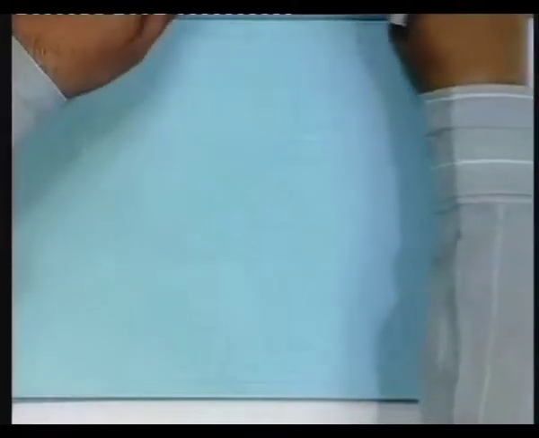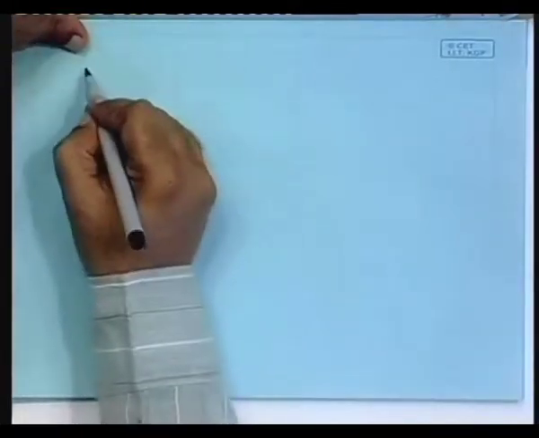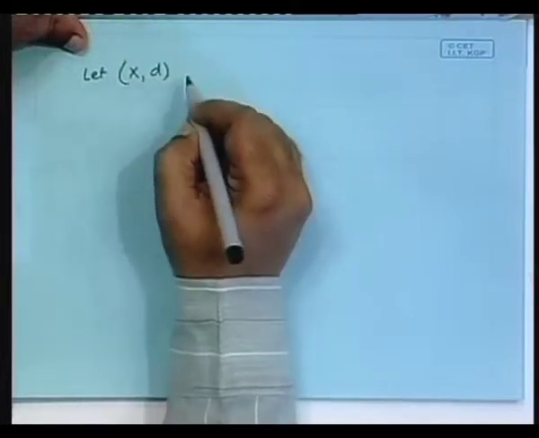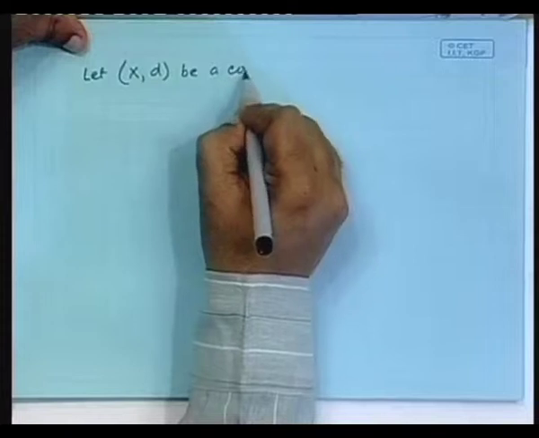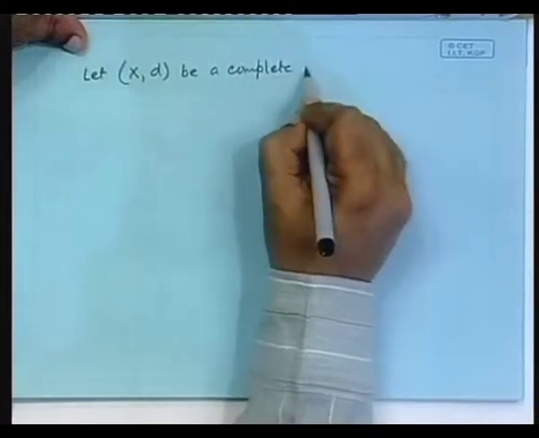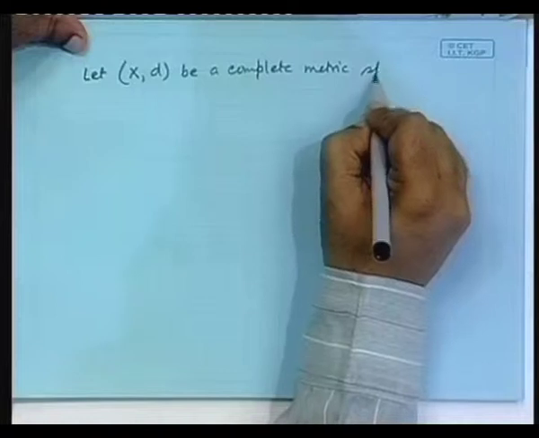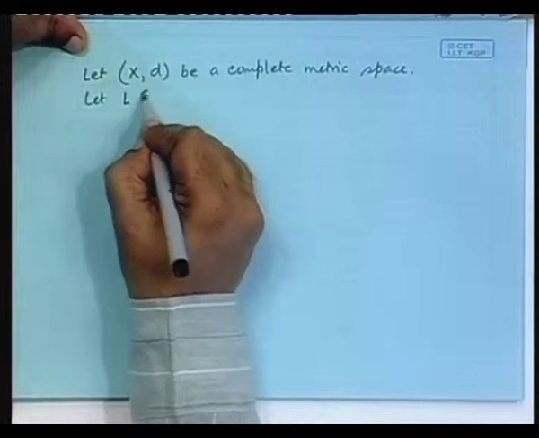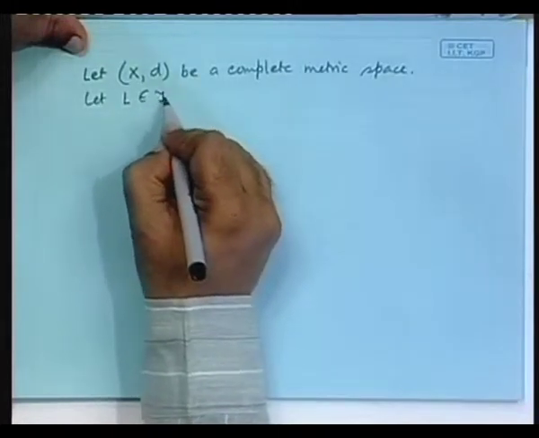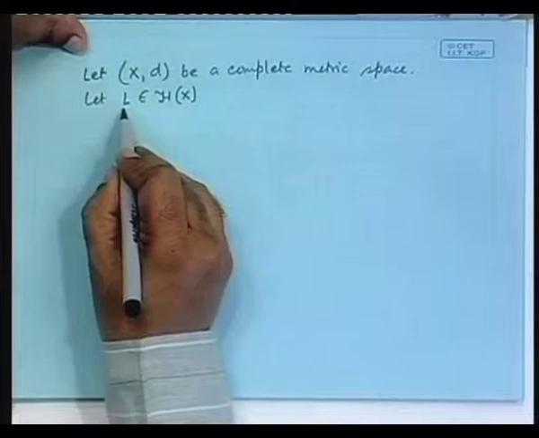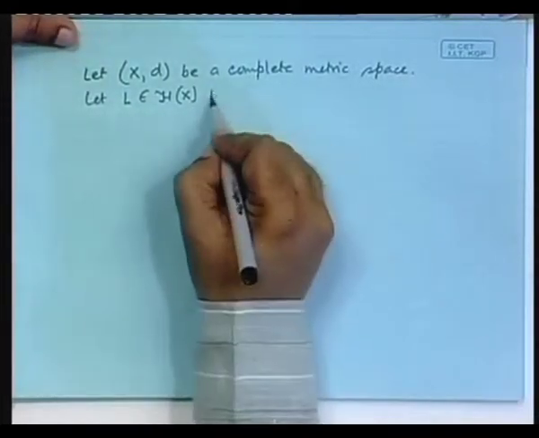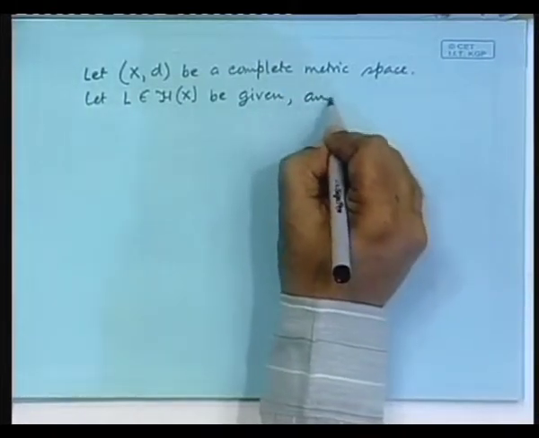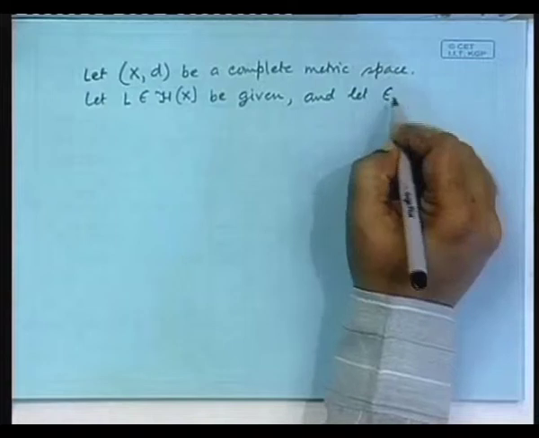It says that this is the Collage theorem. Let (X, d) be a metric space, L is the object that we are starting with, be given, and let epsilon be given.